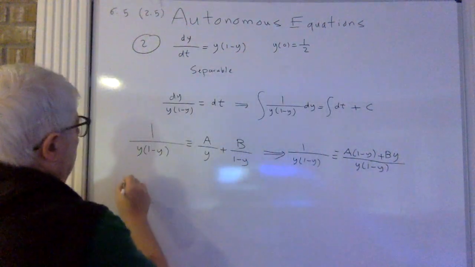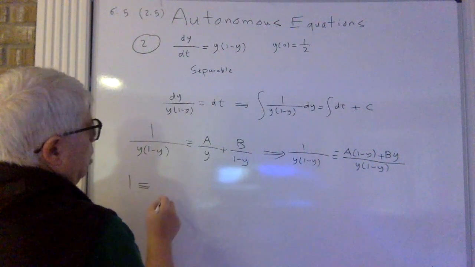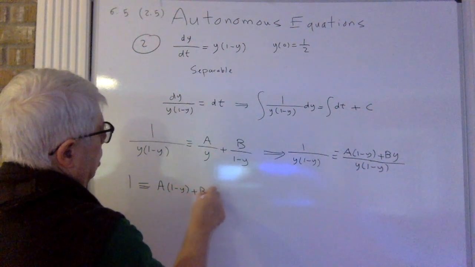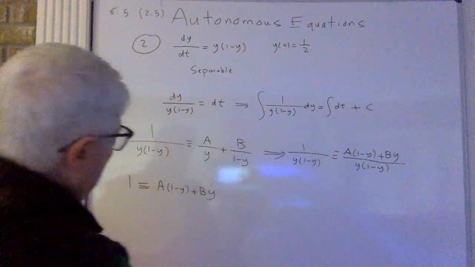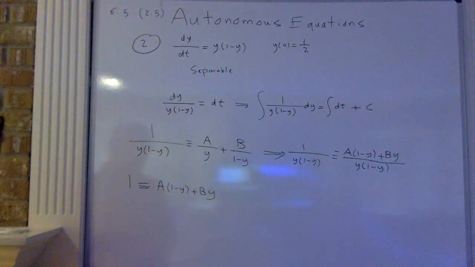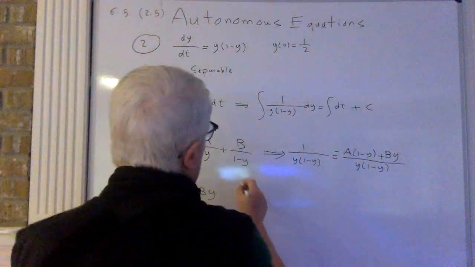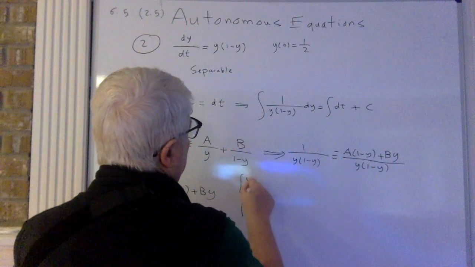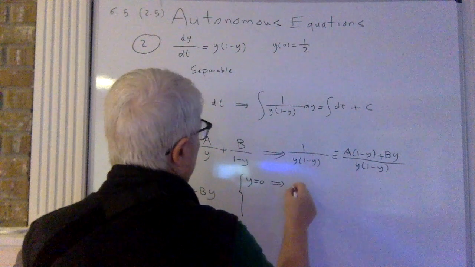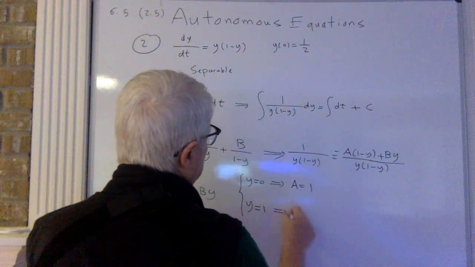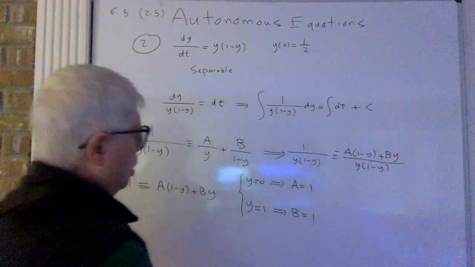So this gives me 1 is equivalent to a times 1 minus y plus b times y. Now you can solve it using any method, but the simplest for this one is, say y is 0, then this gives me a is 1, and y is 1 gives me b is 1.